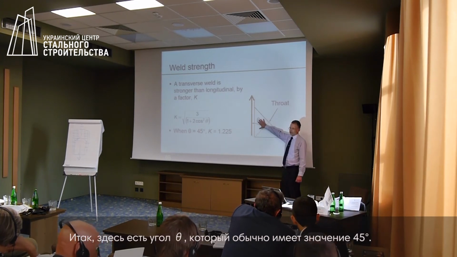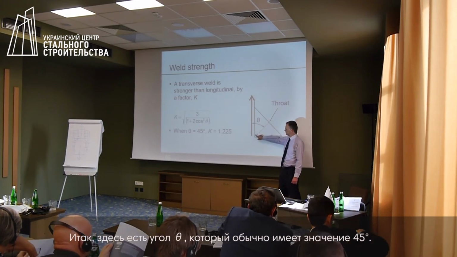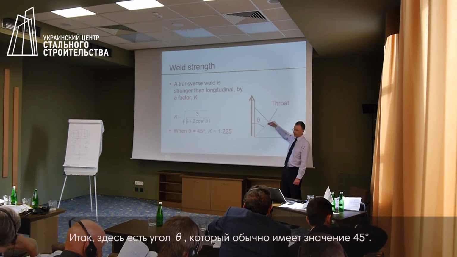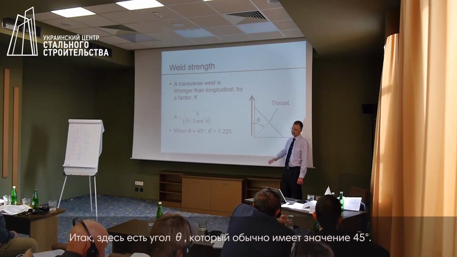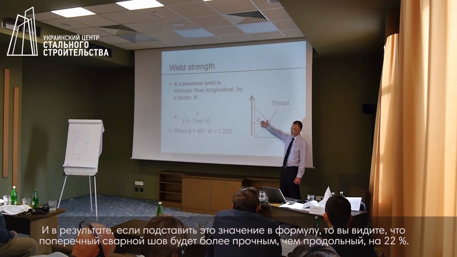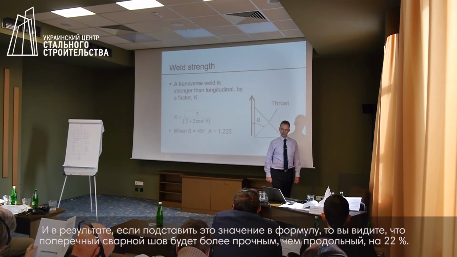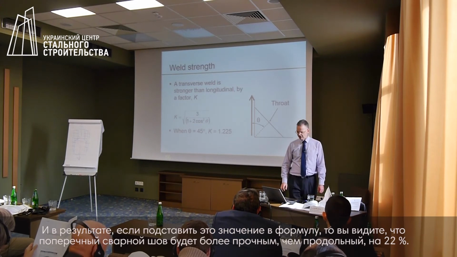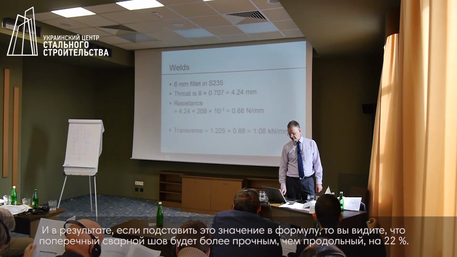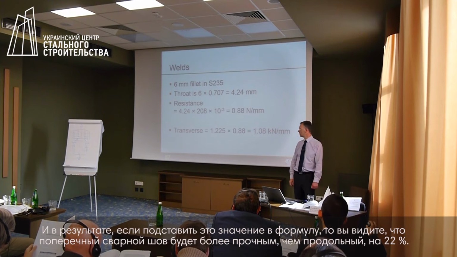It depends on the angle theta compared to the direction of the load and the throat of the weld. So for a standard fillet weld, theta is 45 degrees, and you find that a transverse weld is 22.5% stronger than a longitudinal weld.